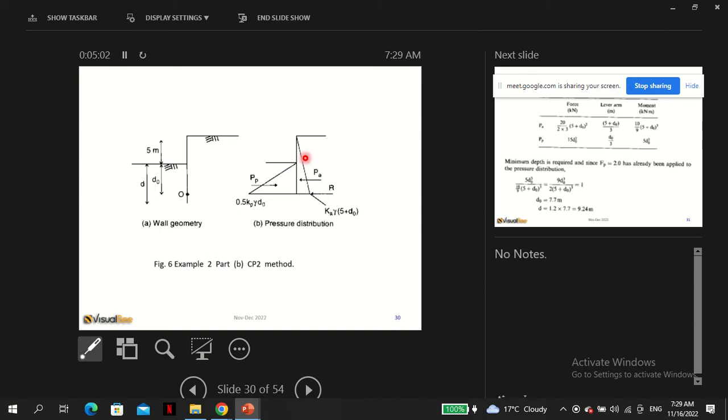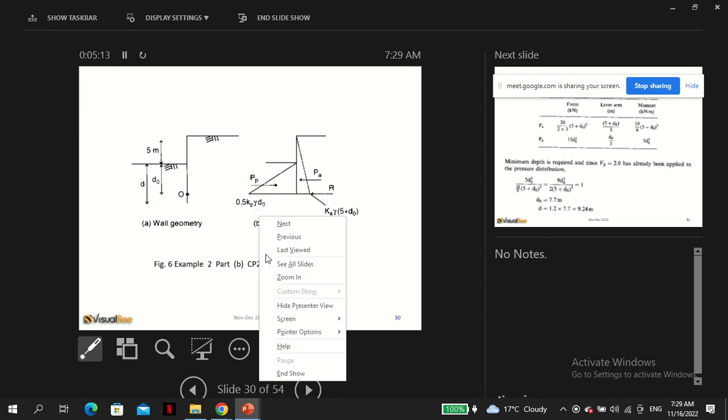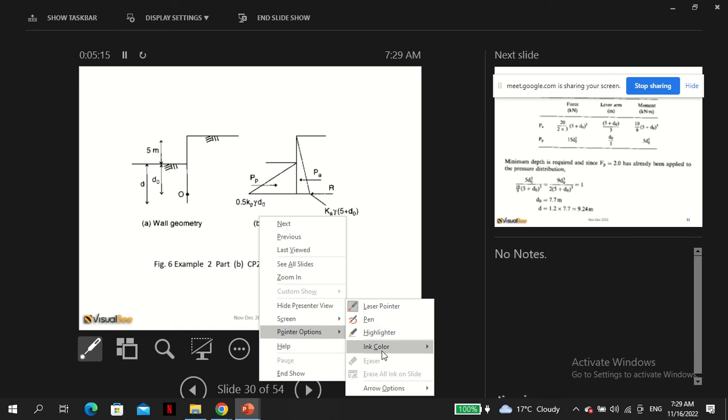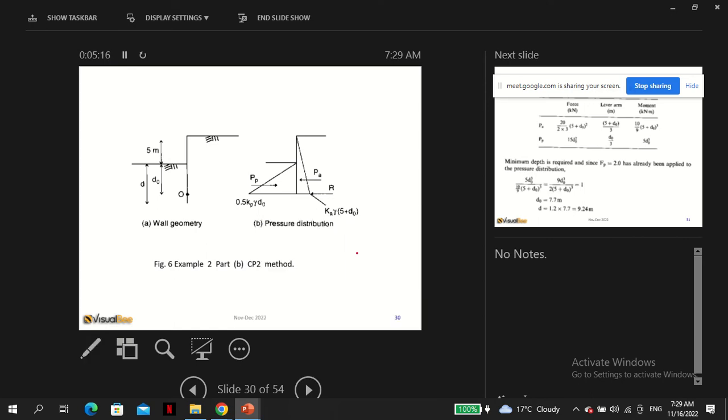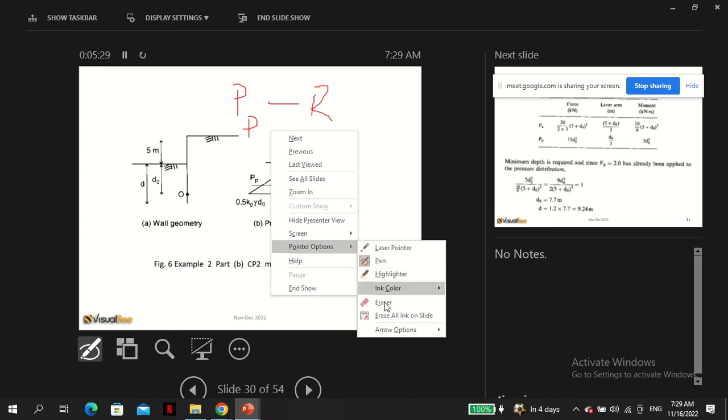The resultant direction of the passive force is this way, so the passive force is reduced by R.